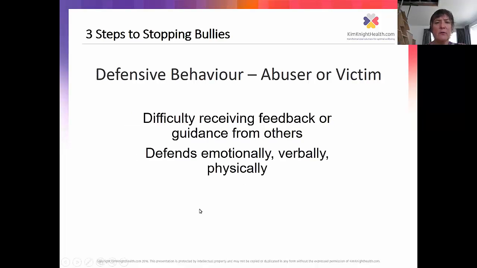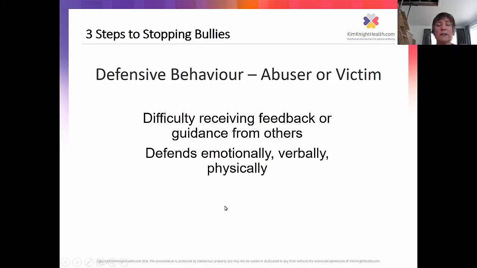And there will also sometimes be defensive behavior, where in order to protect ourselves, either as the abuser or the victim, for example, we defend ourselves emotionally, verbally, physically, and we may, for example, have difficulty receiving feedback or guidance from others. But it boils down to the fact that we're just trying to protect ourselves. We're just trying to survive.